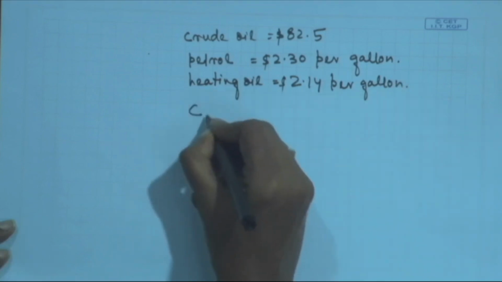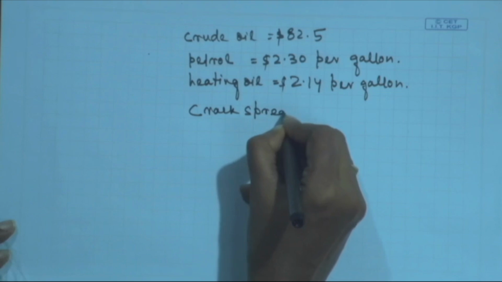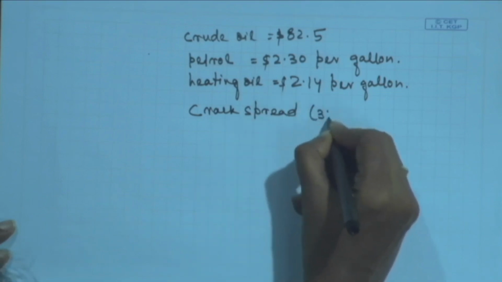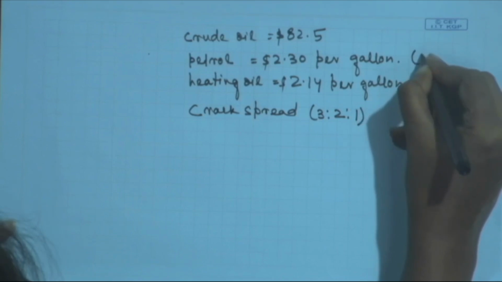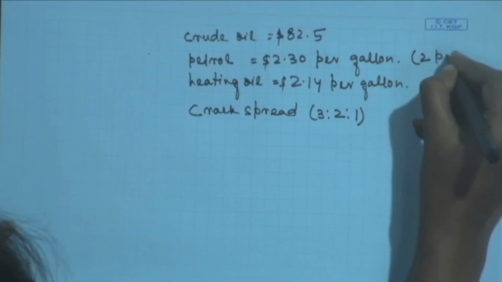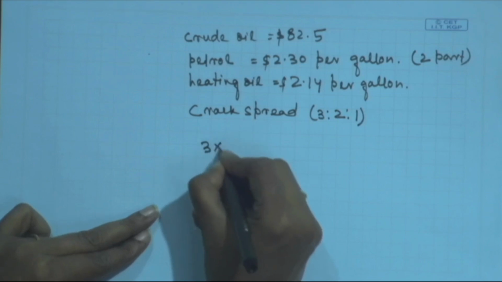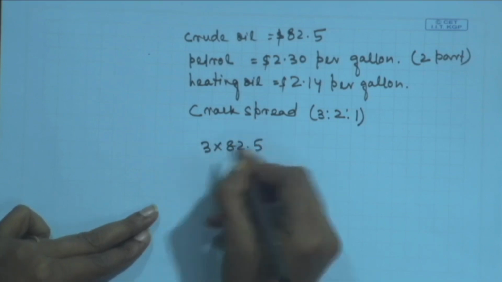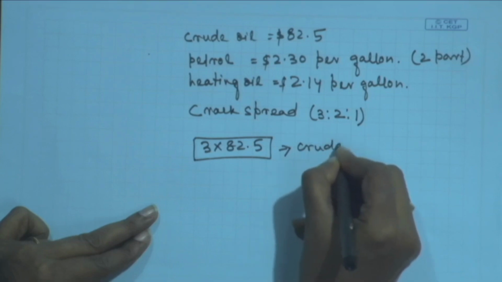So what will be our crack spread for 3:2:1? We have 2 parts of petrol. So 3 into 82.5 is our crude oil.